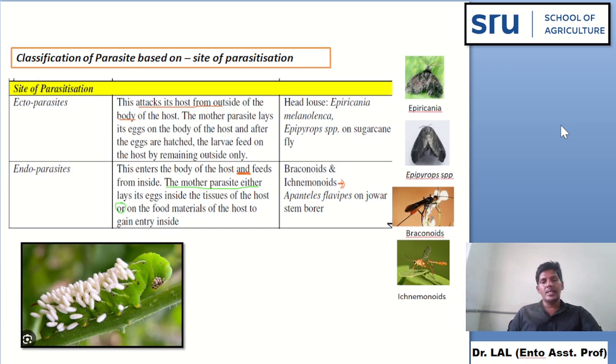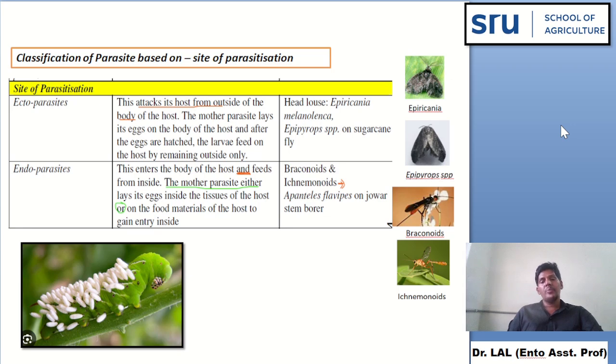After that, the eggs hatch and the larvae feed on the host by remaining outside of the host body. Example: head louse, Epiricania melanoleuca, Epipyrops species on sugarcane fly.